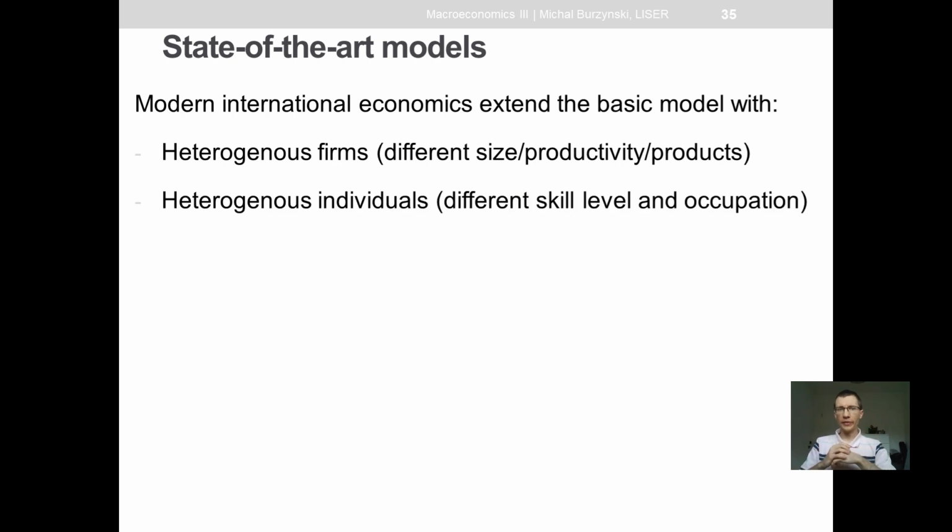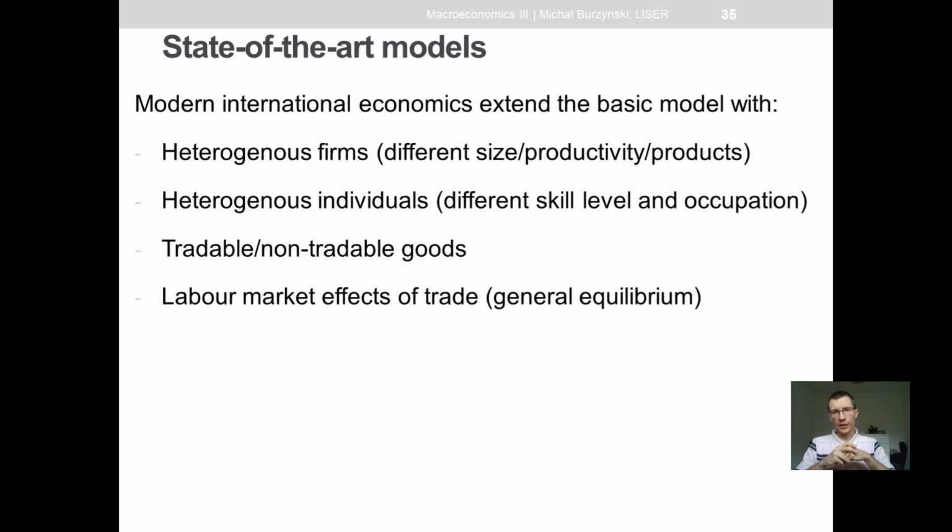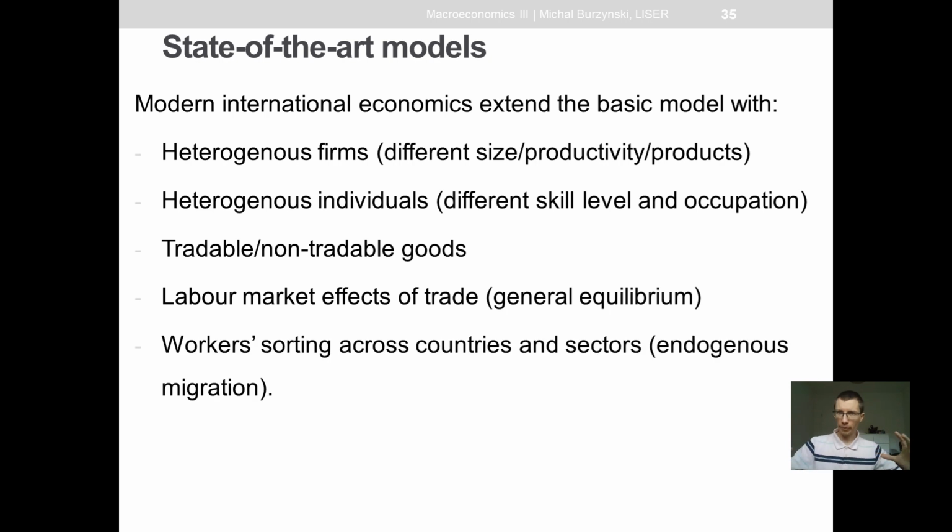There are also models with heterogeneous individuals, people of different skill level, of different occupation. There are models with tradable and non-tradable goods. This goes back to the terms of trade definition we had before. Labor market effects of trade in general equilibrium. So not only the goods market, but also the labor market is modeled within one particular big model.